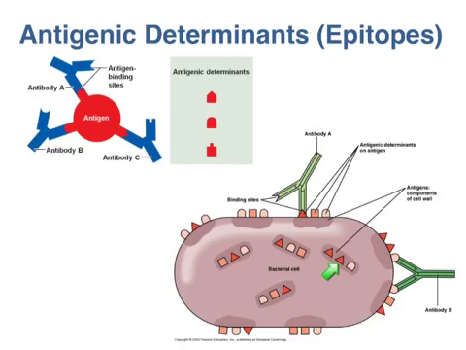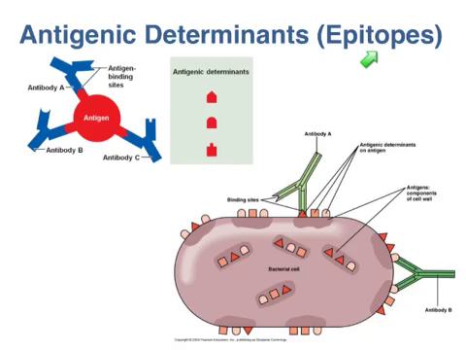Each individual site that an antibody can bind to or fragment that a T cell can recognize is referred to as an antigenic determinant or epitope. These terms are used interchangeably. They mean basically the same thing. It's the exact specific site where an antibody or T cell binds on an antigen.